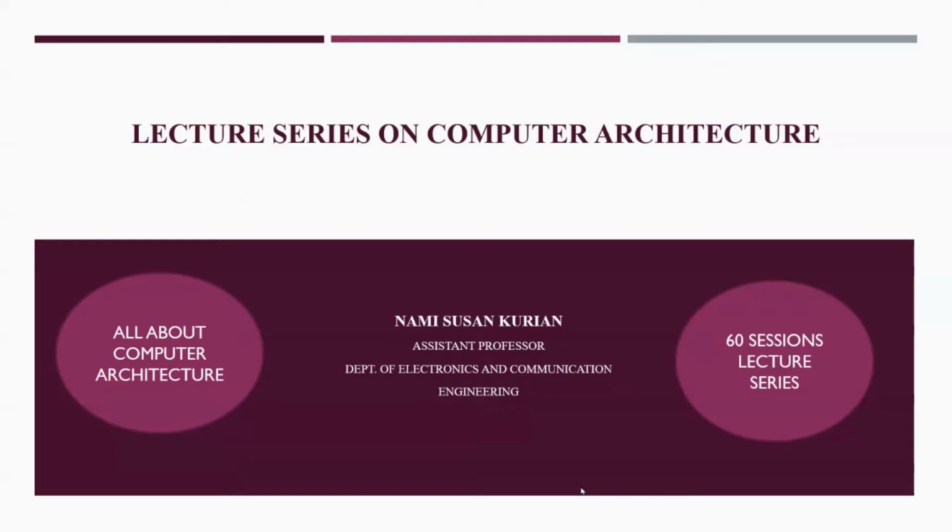We know that computer architecture is currently the need of the hour, and this course is in high demand everywhere. So what is the importance of computer architecture? First of all, computer architecture and organization (CAO) helps us to know the execution of computer instructions at the micro level.